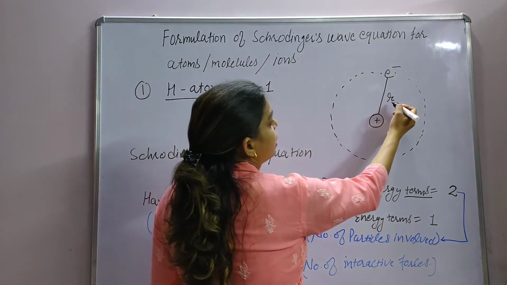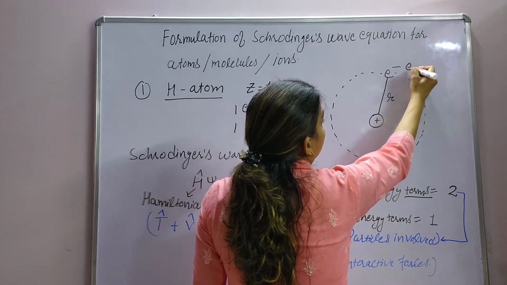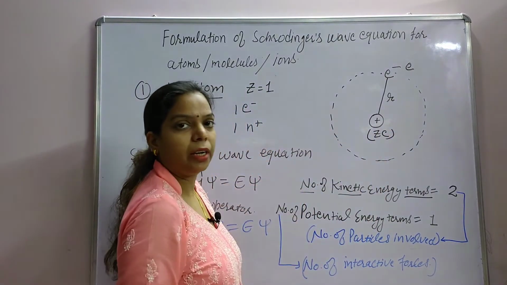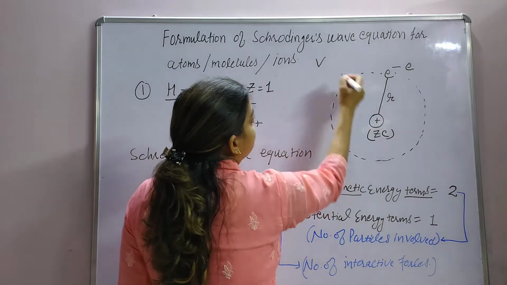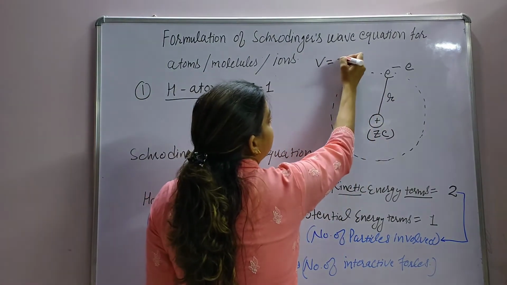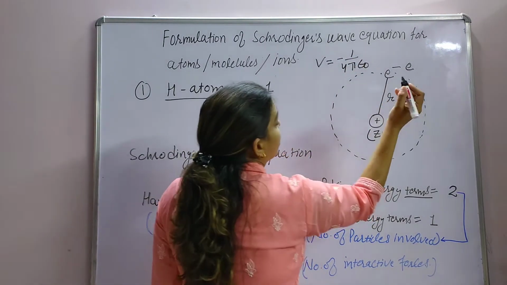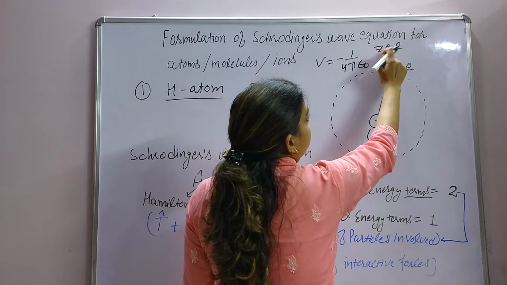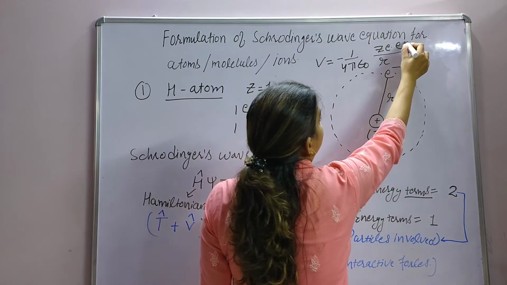So from Coulomb's law, if r is the distance, the charge on electron is e and charge on the nucleus is Ze. Right. So Coulomb's law says the potential energy of this force will be, because this is attraction, negative sign 1 upon 4 pi epsilon naught, Ze into e, product of the charges divided by distance between them.